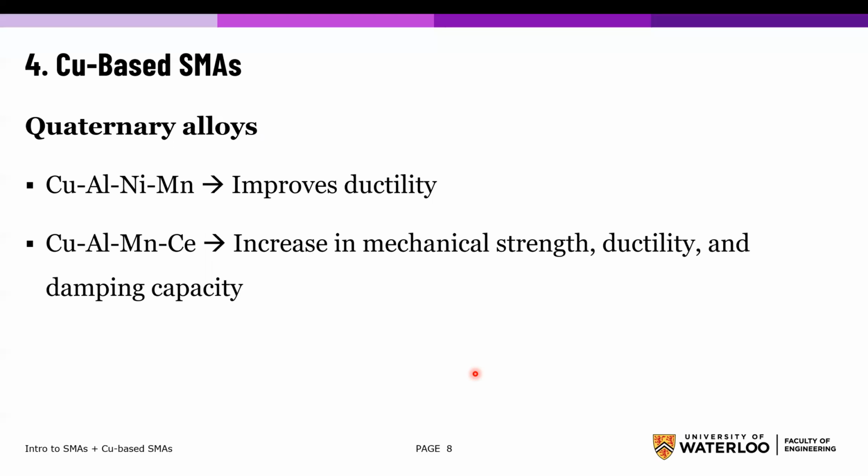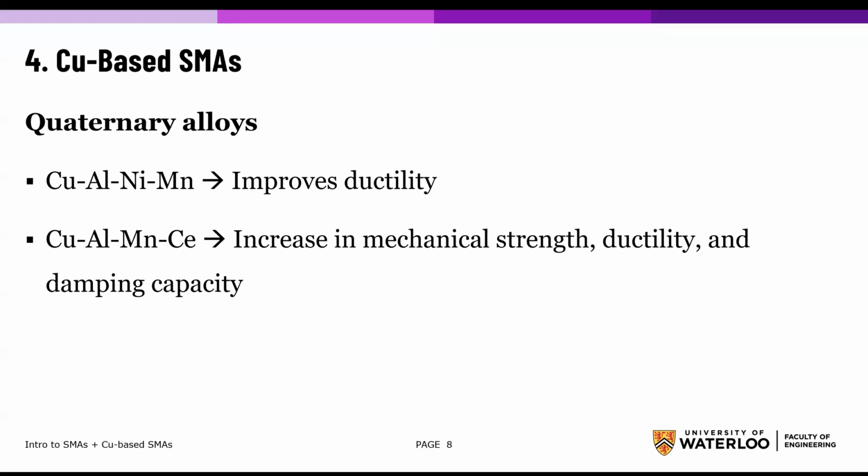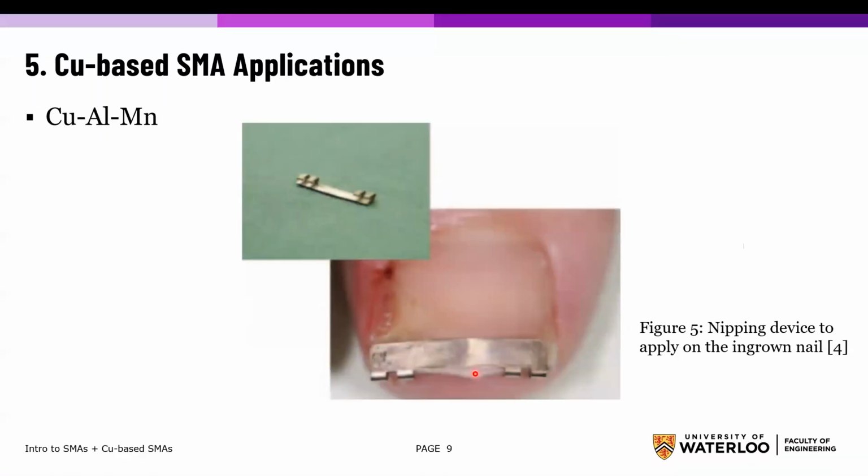It should be noted that this is not an exhaustive list of quaternary alloys, nor in the last slide for the ternary alloys, and there are so many of them out there that exist, and others that are currently being studied. You can refer to the report associated with this presentation for a longer list of these type of alloys with their advantages and drawbacks.